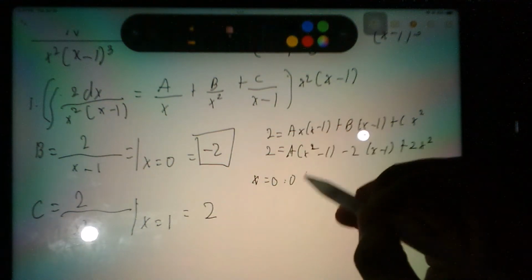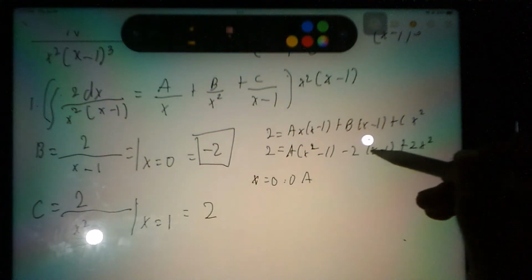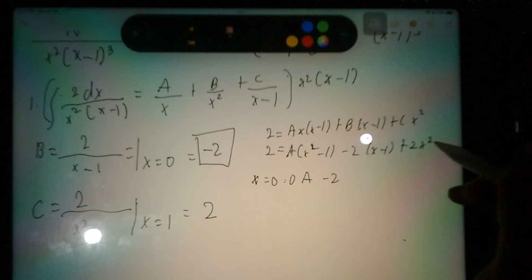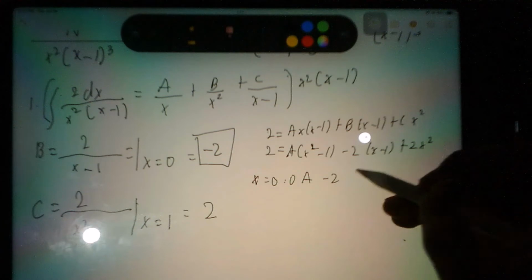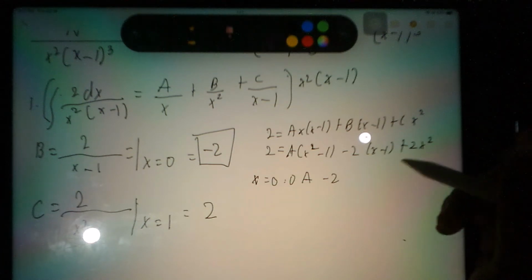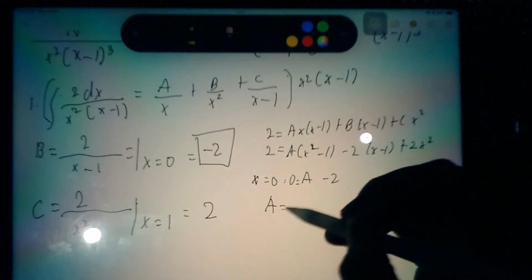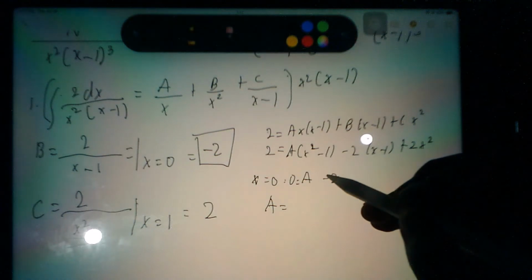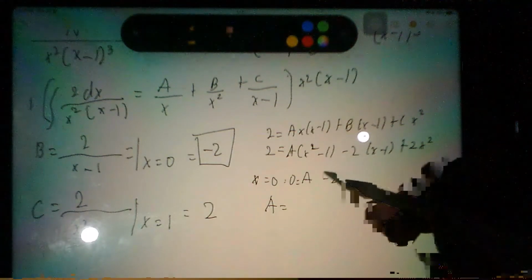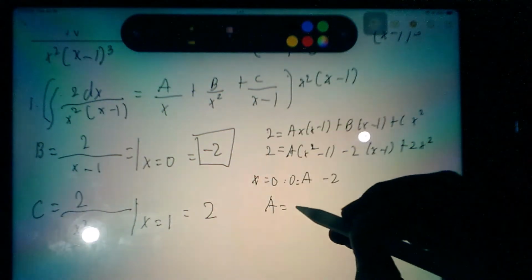X here is a, x here is negative 2, and x here is just plus 2. Now, there's nothing here. So a will become, what number will become 0 when it minus 2, negative 2, which is 2. So 2 here.